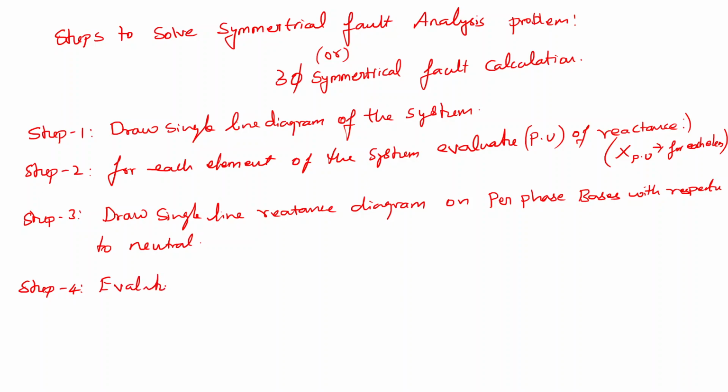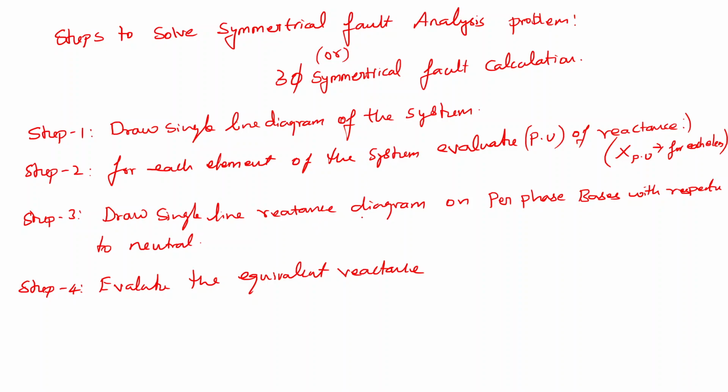Next step is evaluate the equivalent reactance. What is equivalent reactance? In step 3 we got each and every equipment's reactance value and drew the single line diagram of the reactance.